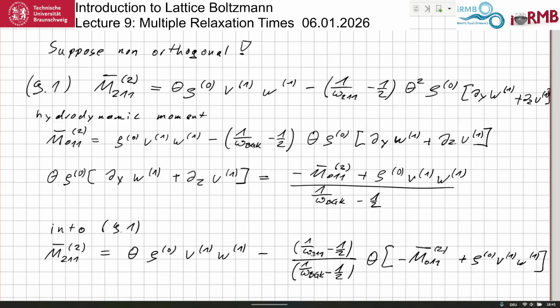Now you have made the decision that you want to dampen this moment by putting this here close to 1, meaning that this here is much larger. What you want to do is put this here to 2 and this here to 1, or close to 2, close to 1.